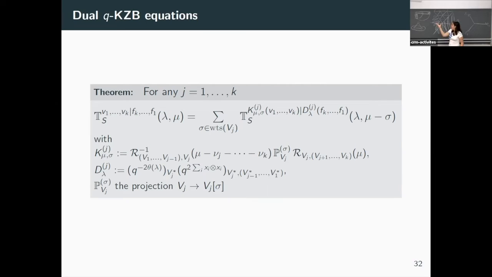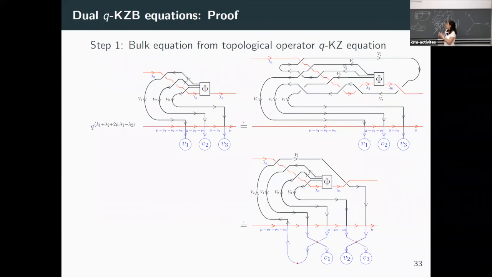These equations were proven algebraically by Etingof and Varchenko, but the proofs require a lot of calculations and are rather difficult. So our contribution was to give proofs that are purely graphical for the same equations. We start with something which does not yet involve trace functions at all. We just take compositions of k-point vertex operators together with these right evaluations.